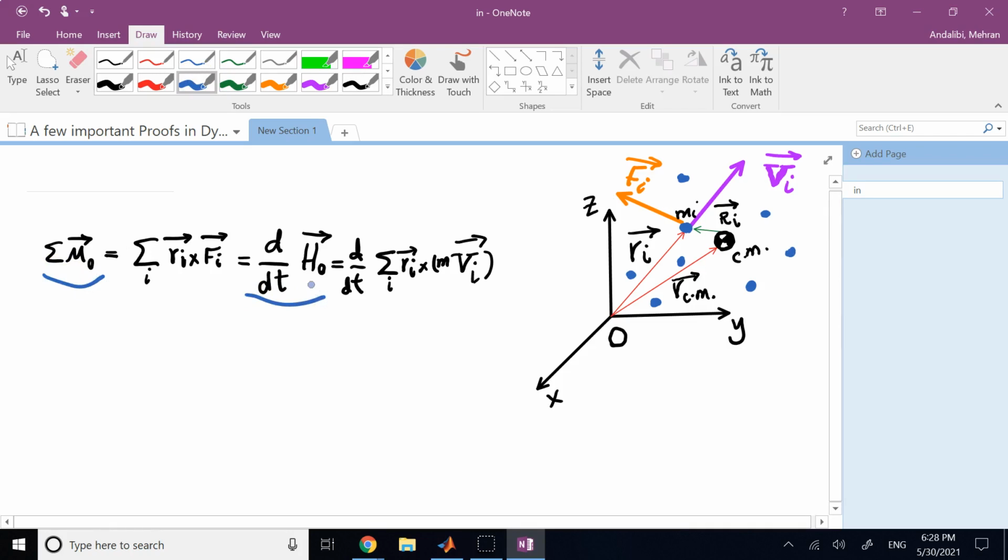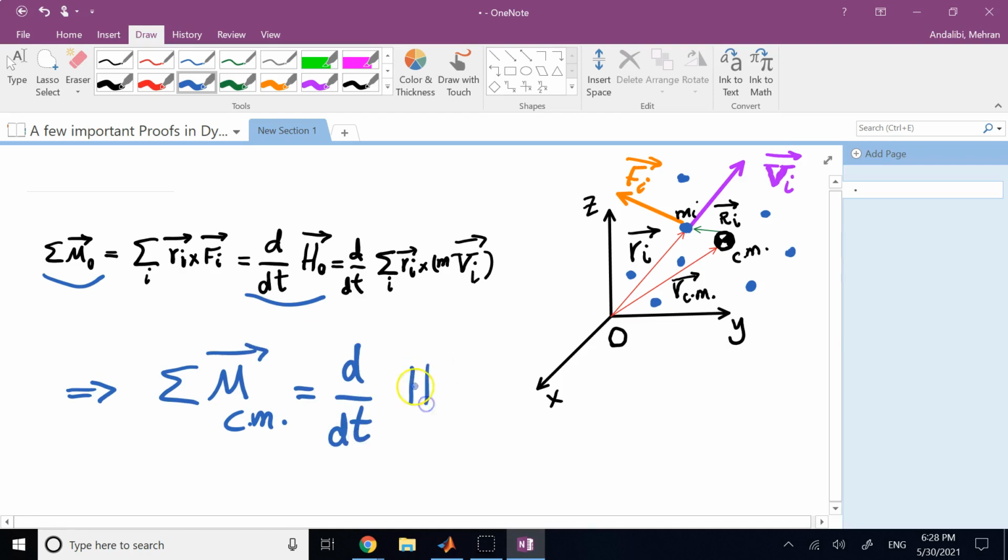But then I claim that not only can I write this moment and rate of change of angular momentum with respect to the origin, I can also write that the sum of the external moments with respect to the centroid is also equal to the rate of change of total angular momentum of the system with respect to the centroid.